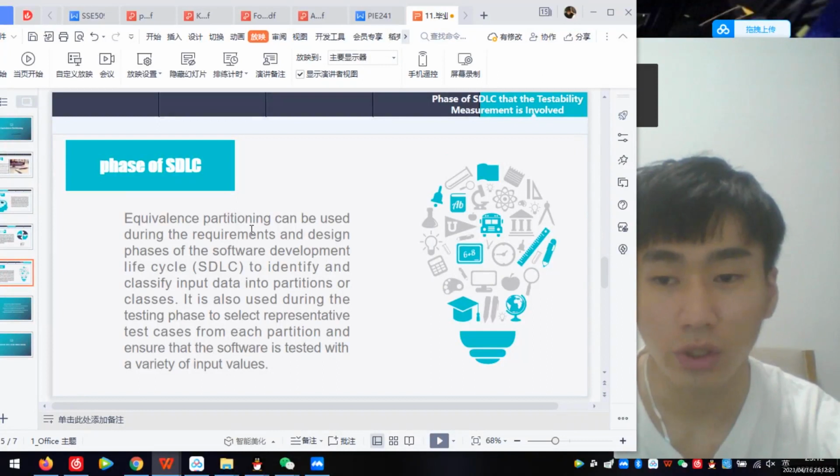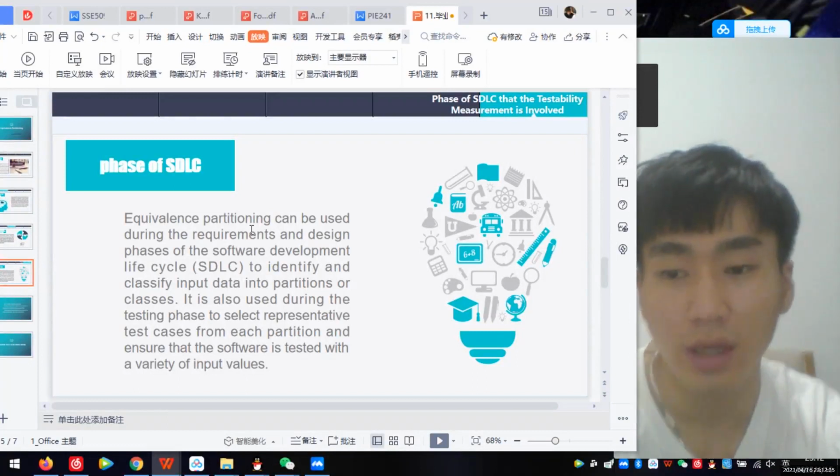It's also used during the testing phase to select a representative test case from each partition and ensure that the software is tested with a variety of input values.